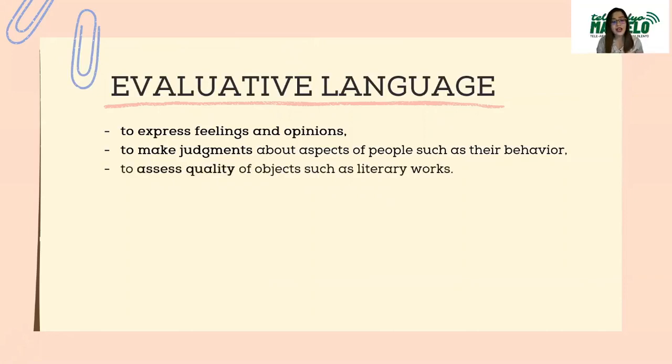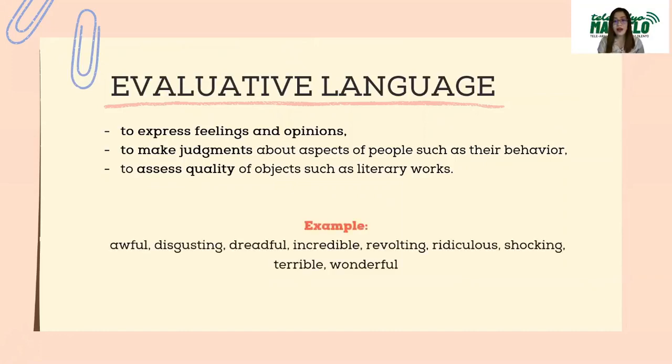And we also use it to assess the quality of objects, such as literary works or any form of ideas. So for example, we have awful, disgusting, dreadful, incredible, revolting, ridiculous, shocking, terrible, wonderful, and many more.